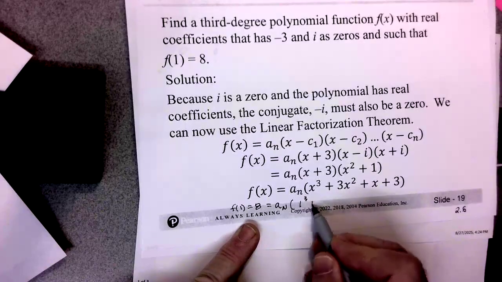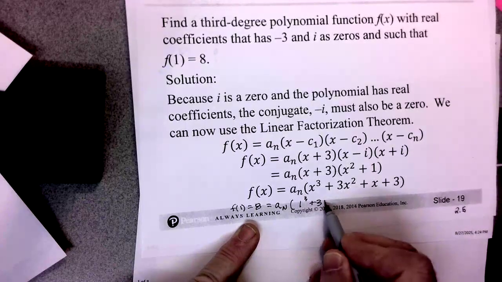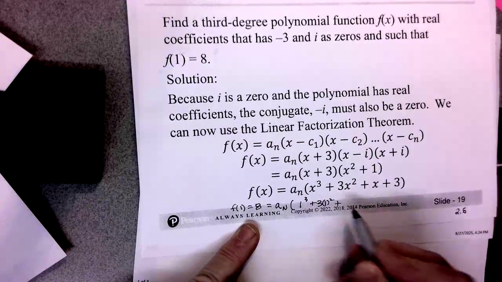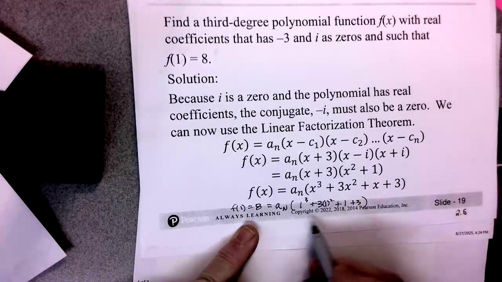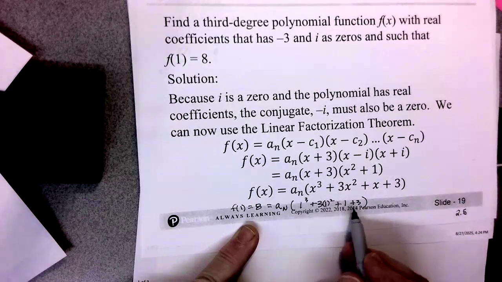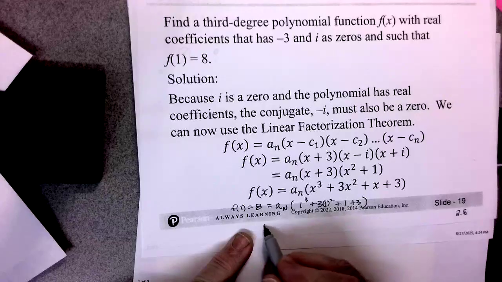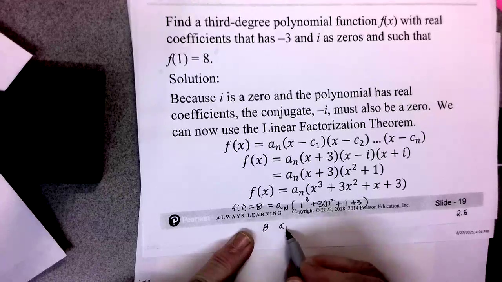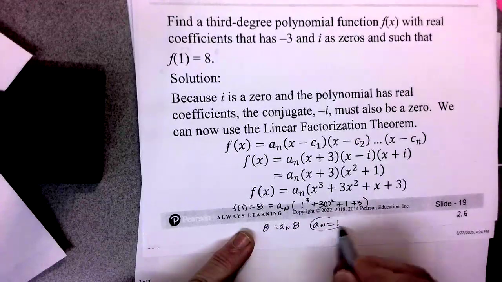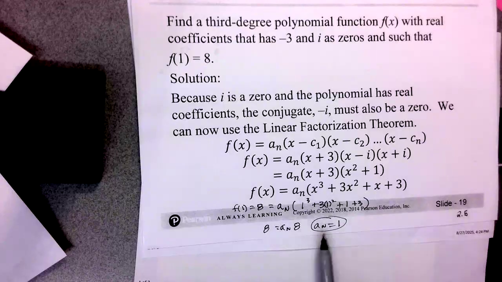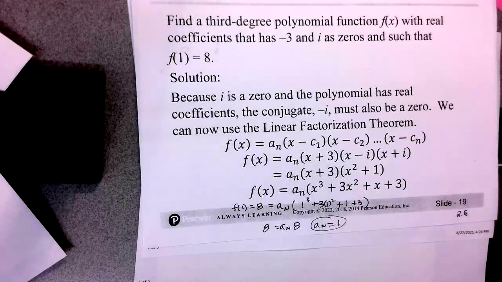So 1 cubed plus 3 times 1 squared plus 1 plus 3. And so what is that? That's 1, 4, 5, 8. So 8 is equal to a sub n times 8. So you divide 8 by 8, and you get that a sub n is equal to 1. So that's pretty straightforward. It looks more complicated than it is.